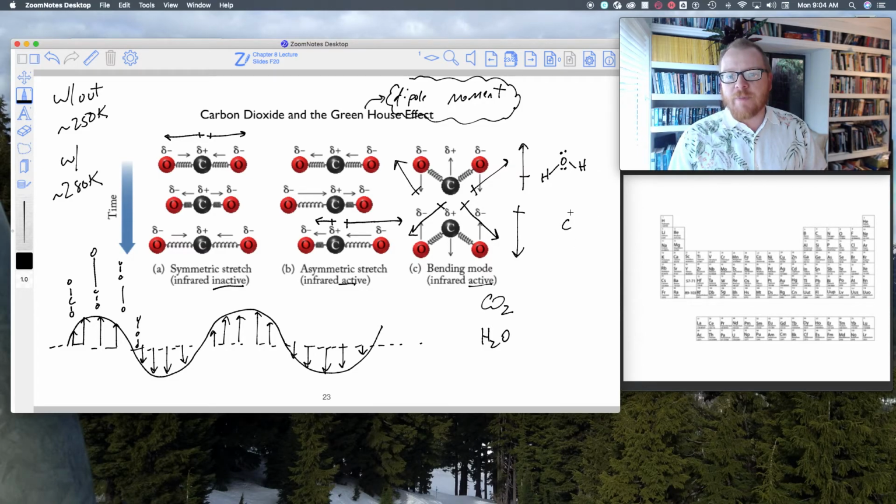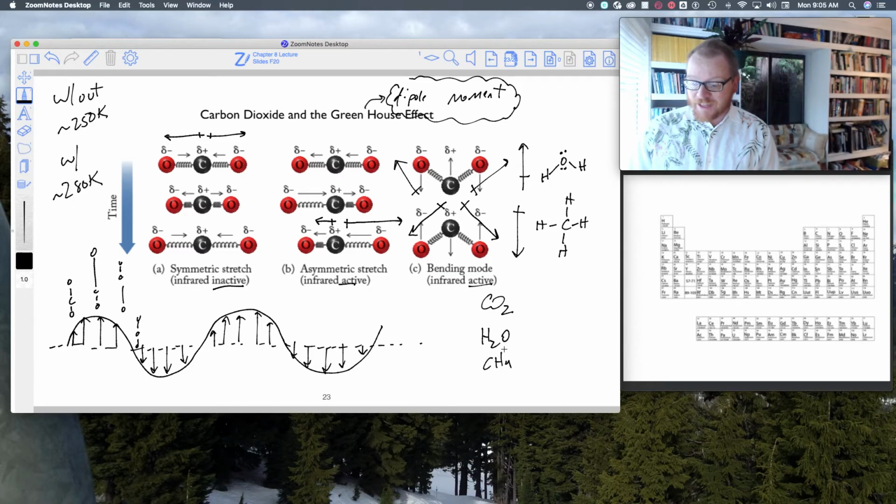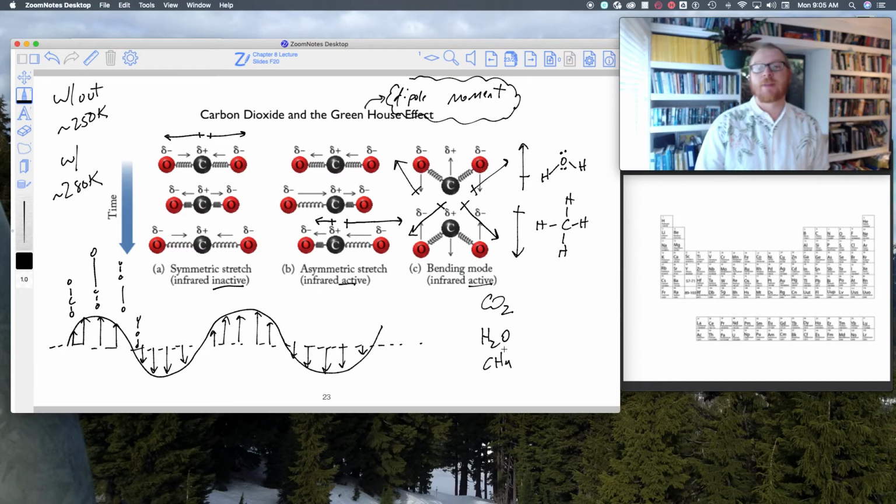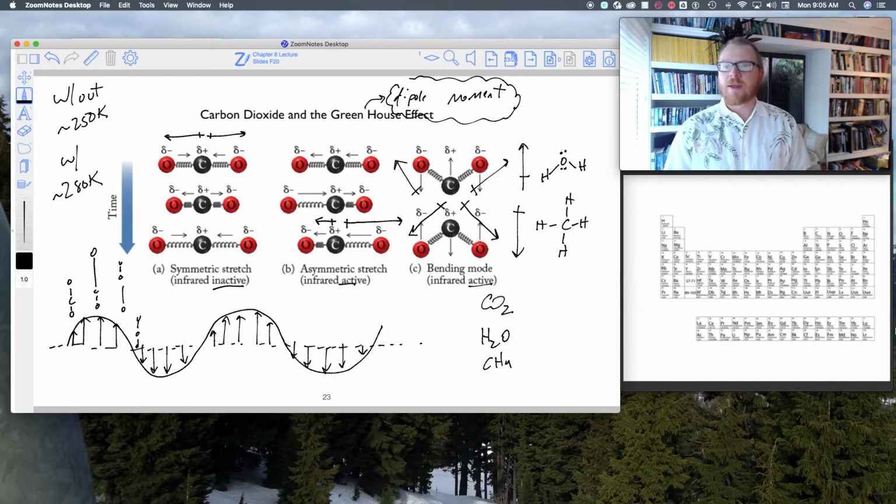Another one, which maybe is kind of surprising because at first it looks symmetrical, methane is an excellent greenhouse gas. In fact, methane, mole for mole, is a much better greenhouse gas than is carbon dioxide. And when you look at this, you might think, well, methane at rest has no dipole moment, but it can undergo these asymmetric vibrations, which allow it to interact and absorb infrared energy.